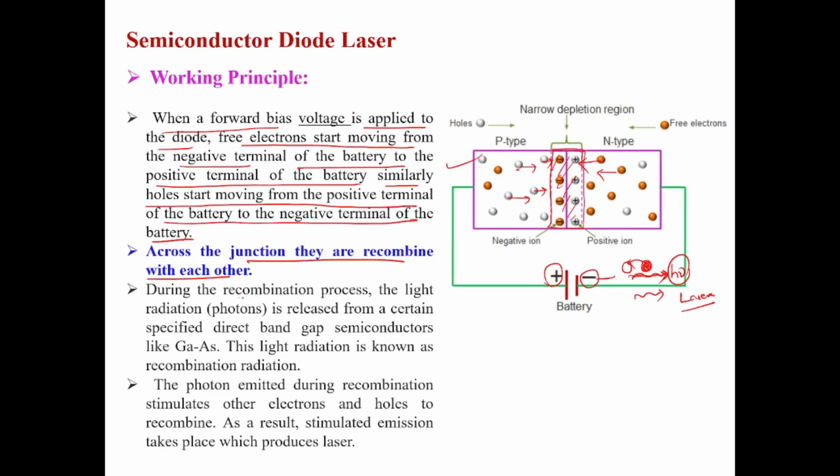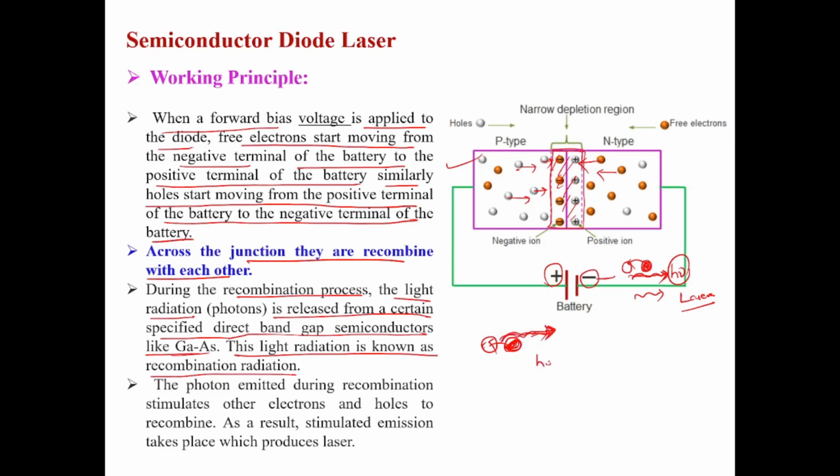During the recombination process, light radiation is released from a direct band gap semiconductor like gallium arsenide. This light radiation is known as recombination radiation. Whenever a negative and a positive charge recombine, energy is radiated. If the energy is in the form of light in the visible range, we call it light.